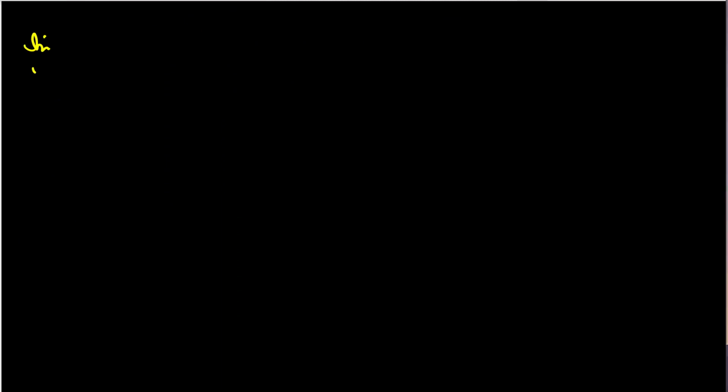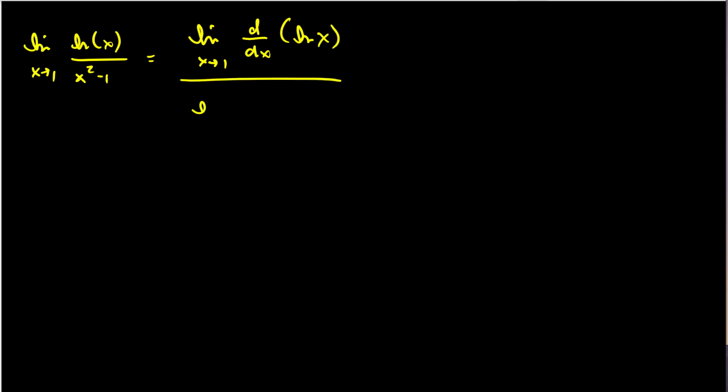So L'Hopital's rule tells us that if we take the limit as x tends to 1 of natural log of x all over x squared minus 1, we can evaluate this by taking the limit as x tends to 1 of the derivative of the top, and the limit as x tends to 1 of the derivative of the bottom.